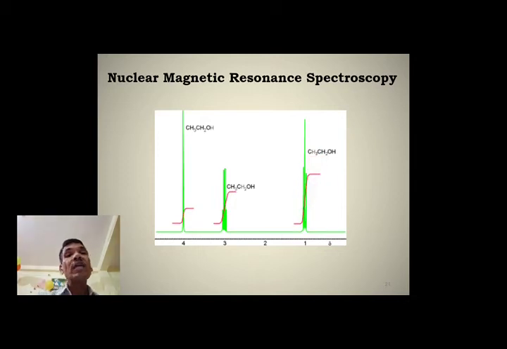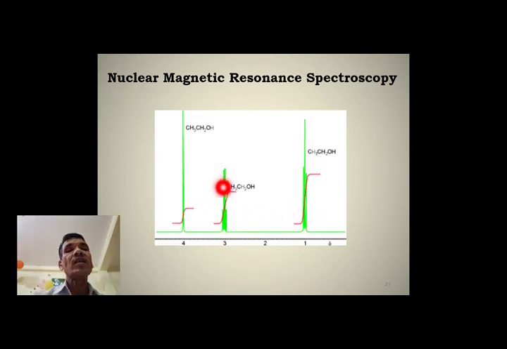As the chemical environments of these three types of protons, that is protons present in methyl, methylene and hydroxyl group, are different, they show three signals, where this signal appeared as a triplet.